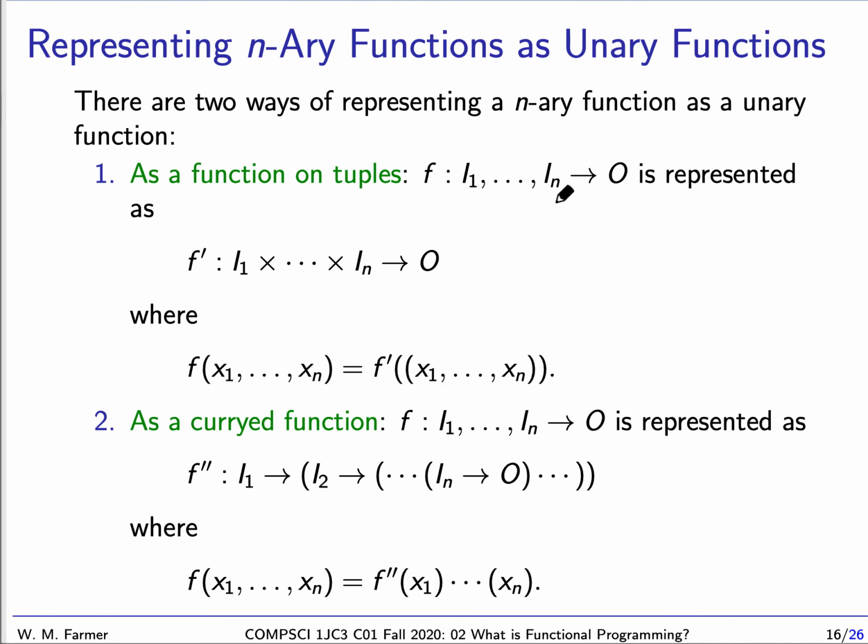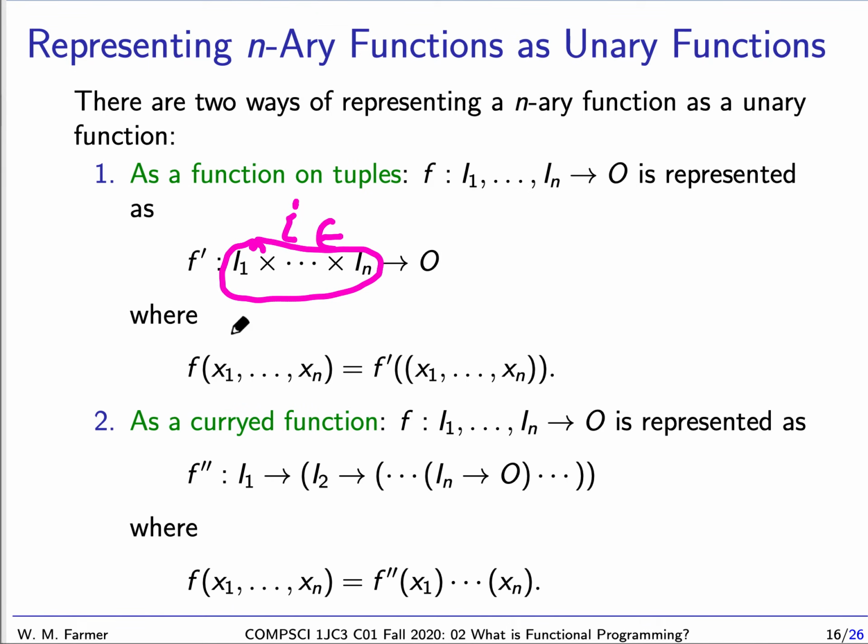I could think of this function as, instead of taking n different inputs, taking one input. We can think of it as a member of that set. That input is a tuple.